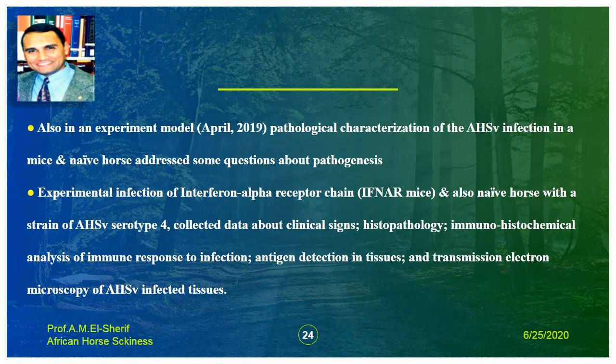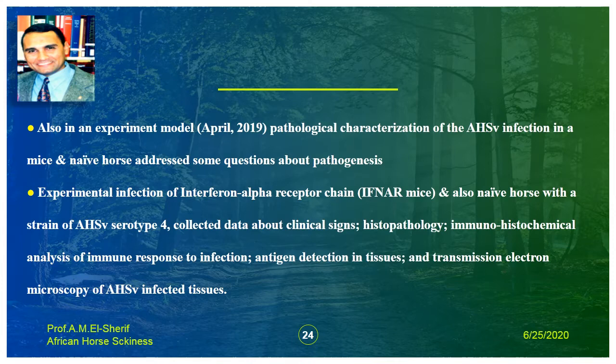Another experimental model, done in April 2019, was the pathological characterization of African horse sickness virus infection in mice and naive horses, which addressed some questions about the true pathogenesis.